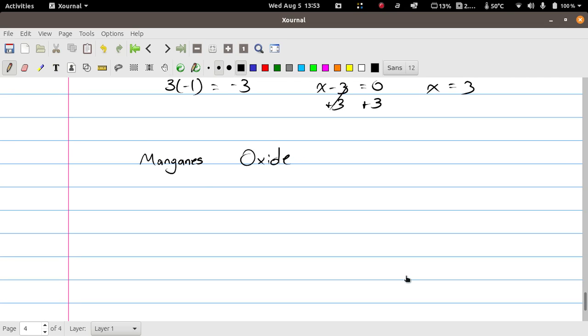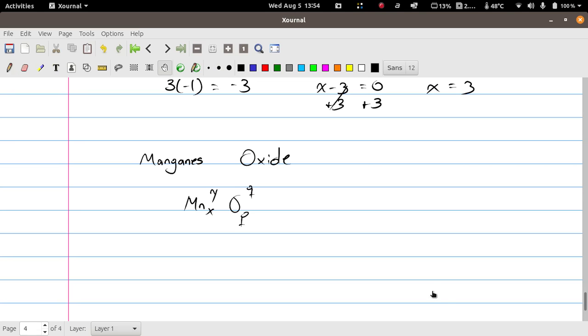I'm going to write the actual formula, and I'm going to see if you can figure out what the actual formula is for this using the periodic table.